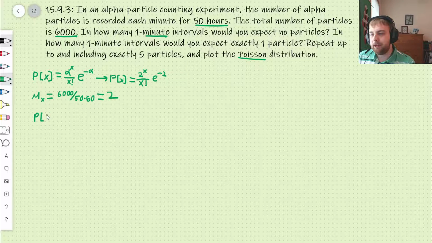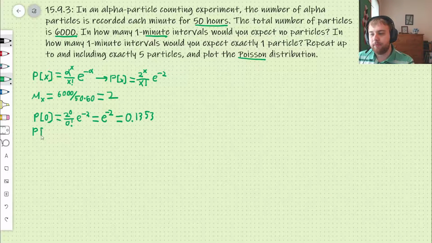What's the probability of 0 particles in one time unit? That would be 2 to the 0 over 0 factorial, e to the negative 2. Now, the 2 to the 0 over 0 factorial is equal to 1, trust me on that one, even if you don't believe it. So this means that the probability is just e to the negative 2, approximately equal to this decimal there.